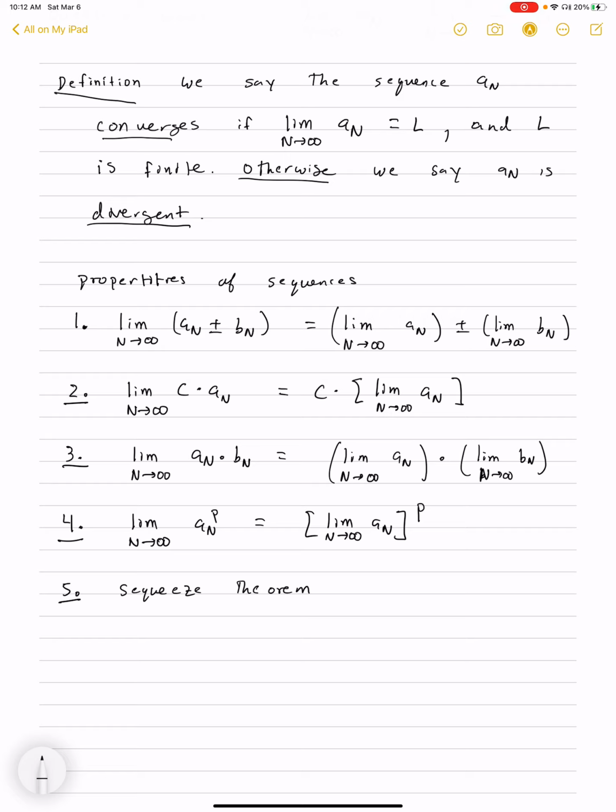Okay, so the squeeze theorem says that if we have this situation, two inequalities with 3 sequences, then the limits obey this inequality. And this is a very, very important theorem.